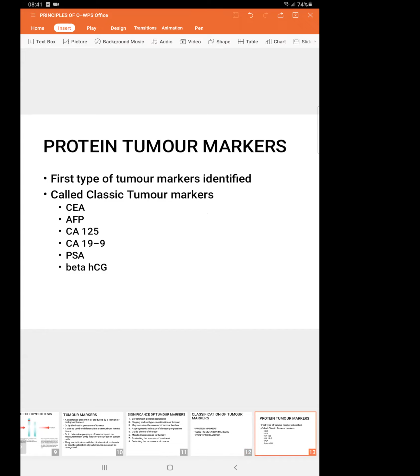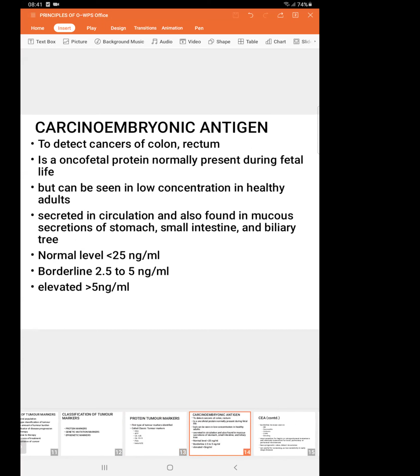And all the examples I have shown are secreted in the serum. So serum CEA, carcinoembryonic antigen, alpha fetoprotein, carbohydrate antigen 125, carbohydrate antigen 19-9, prostate specific antigen and beta HCG are some of the protein tumor markers. I shall be talking about the very important tumor markers here.